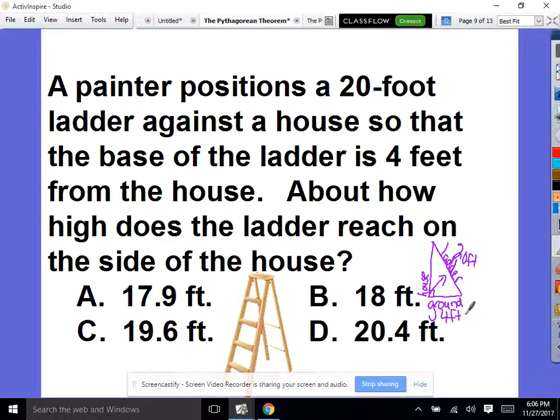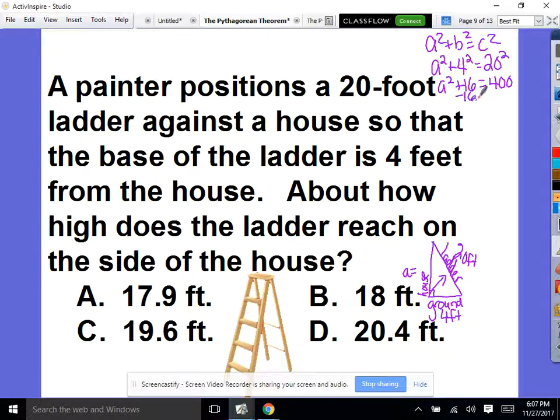that's 4 feet. So now I still know that A squared plus B squared equals C squared, but right now I'm missing A or B. I'm missing this leg. We'll make that A. So A squared plus the ground, 4 squared, equals the ladder, 20 squared. So A squared plus 16 equals 20 squared, which is 400.